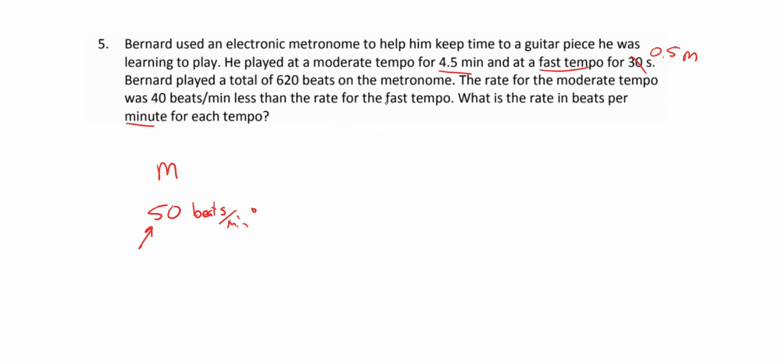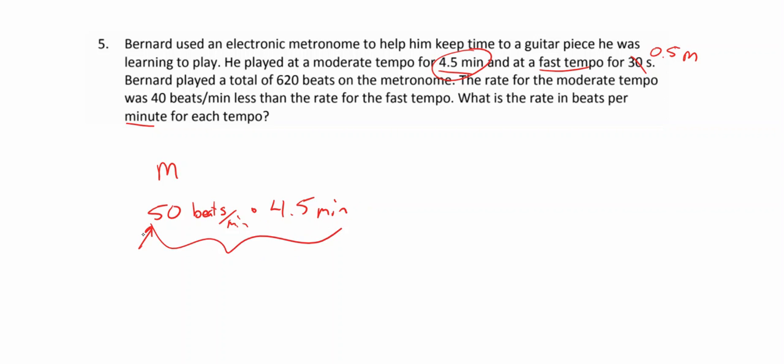If I multiplied that by 4.5 minutes, the units would cancel and I'd end up with just beats. That makes sense: going at 50 beats per minute for 4.5 minutes tells me how many beats I did in 4.5 minutes.